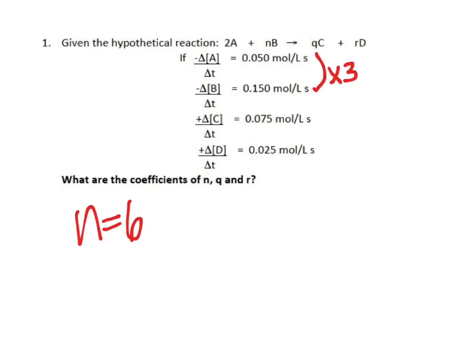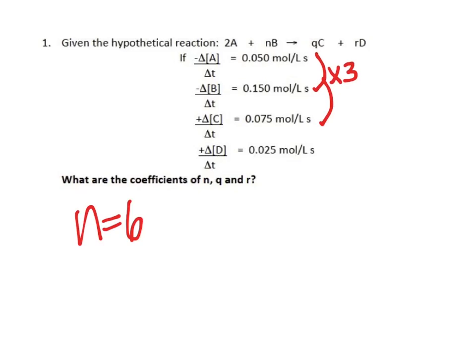Now, I like to do easy math. Let's look at B to C. What happens when I go from B to C? Half.